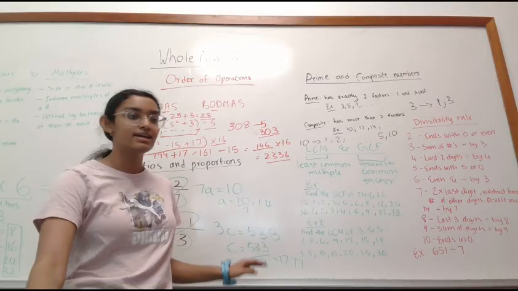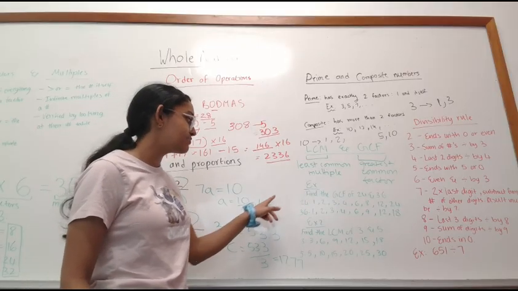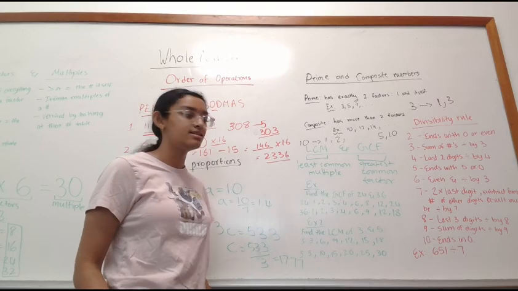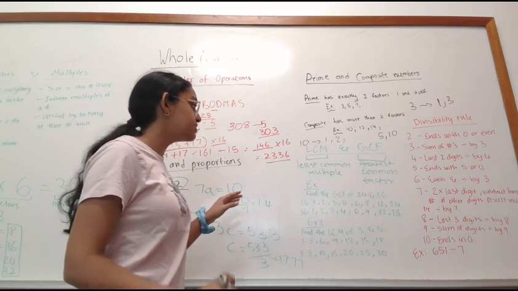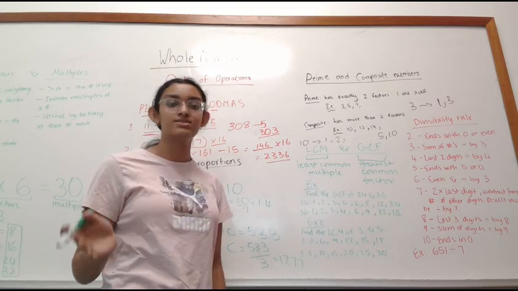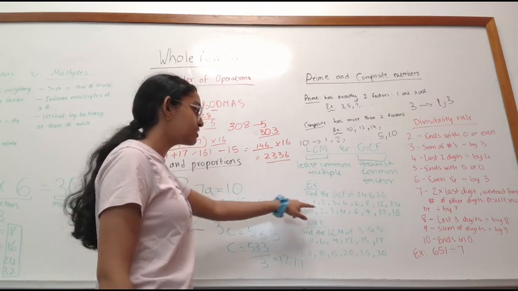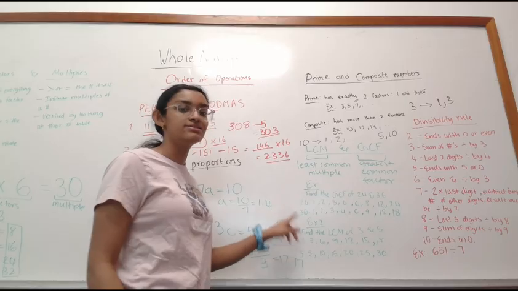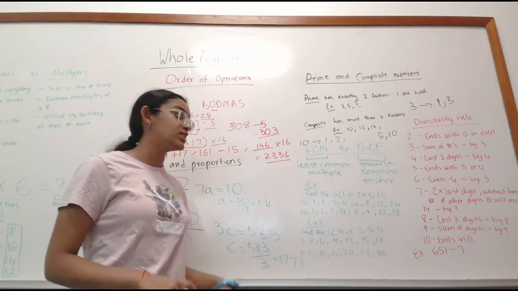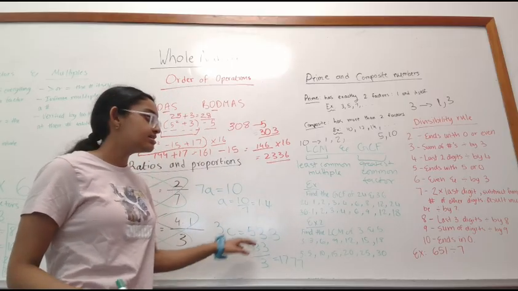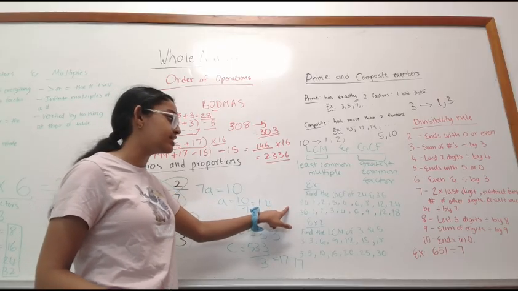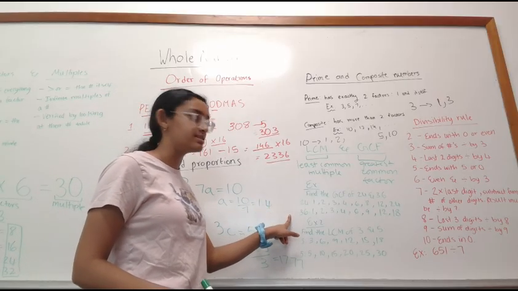So let's look at an example. Example 1 is find the GCF of 24 and 36. We know that GCF is greatest common factor. So we wrote down a lot of the factors of 24 and 36, because remember, factors are infinite, right? So we wrote down a couple factors, and we were asked to find the greatest common factor between these.